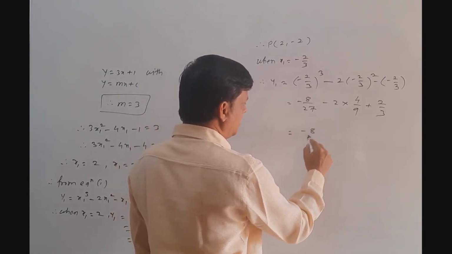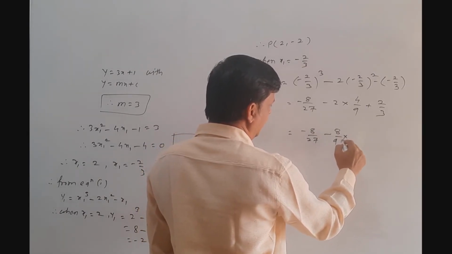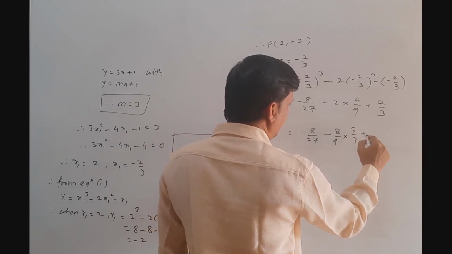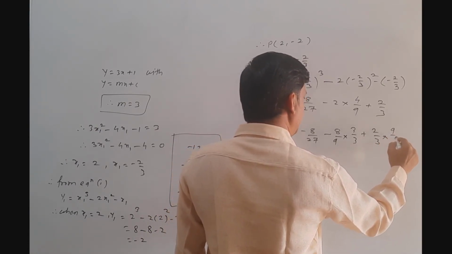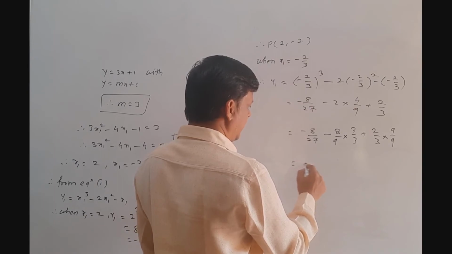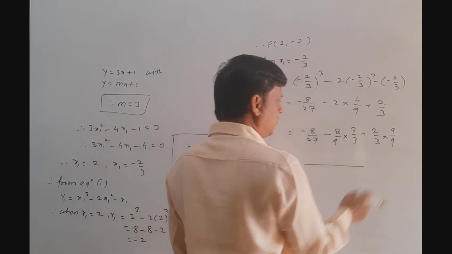So write minus 8 by 27 minus 8 by 9 into 3 by 3 plus 2 by 3 into 9 by 9. So we get here after the base is the same, 9 into 3 is 27, 3 into 9 is 27.